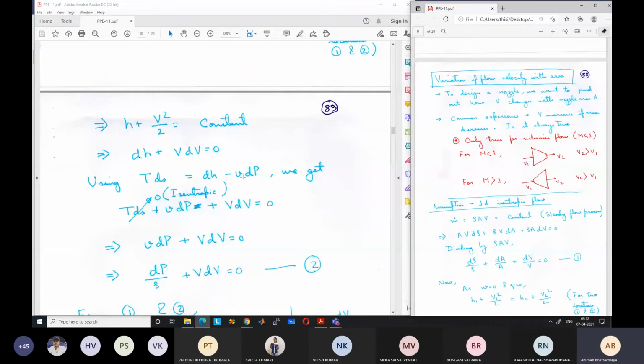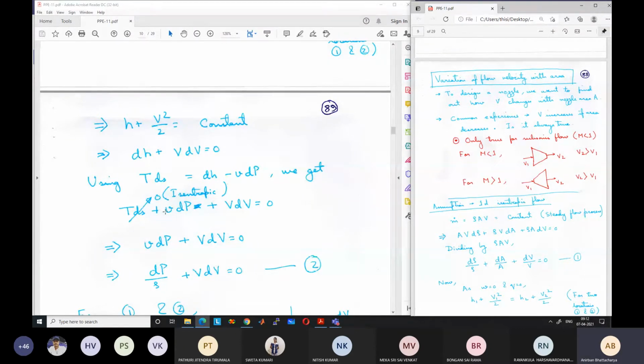Using this relation, we can replace dH as TDS plus vdP. So TDS plus vdP plus capital VdV equals 0. TDS is 0 because dS is 0 in an isentropic flow. So vdP plus capital VdV equals 0. Small v is specific volume, capital V is velocity. These two are different things.